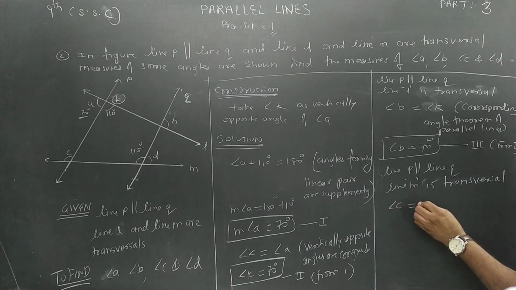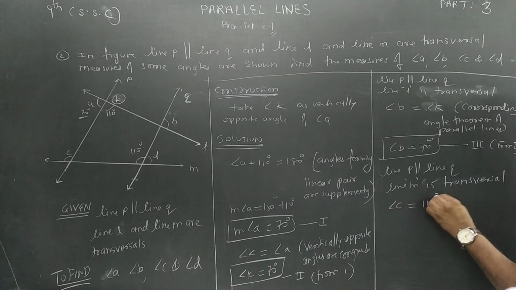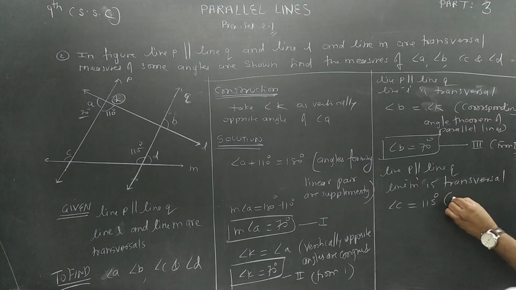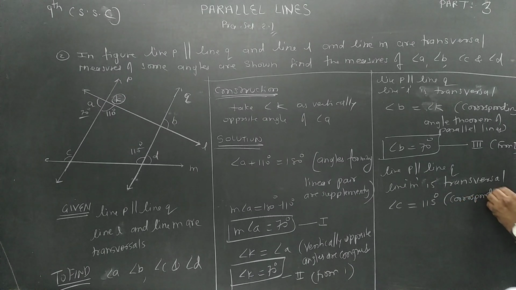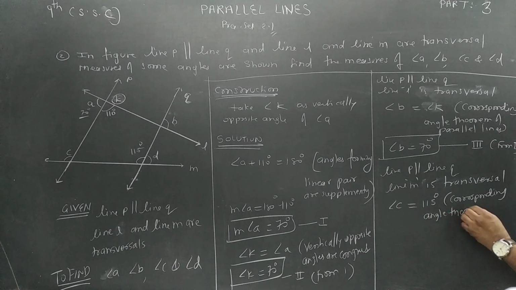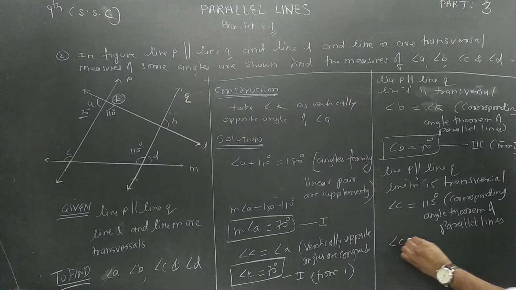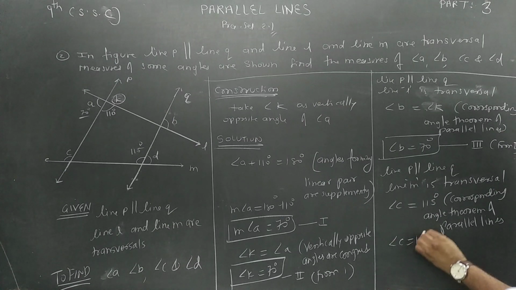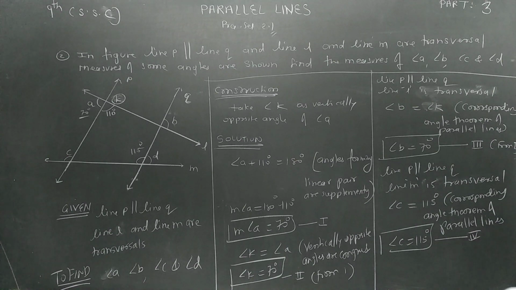Angle C is equal to 115 degree. The reason is same what we have written. Corresponding angle theorem of parallel lines. So angle C also got 115 degree, and that we are going to write equation 4.